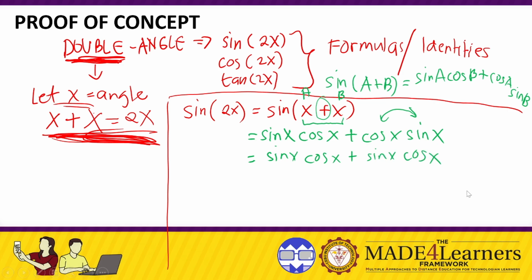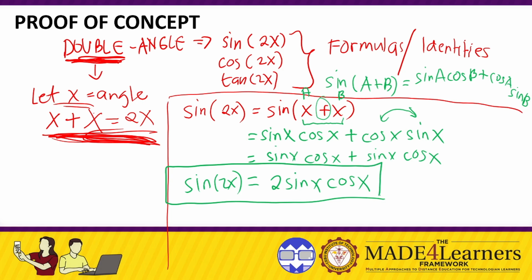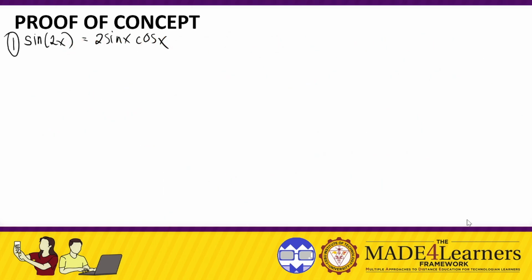The two terms are equivalent, they have the same elements, so they are similar terms and we can add them. Sine x cos x plus sine x cos x is simply 2 sine x cos x, and this is our first double angle identity. So for sine 2x, we have 2 sine x cos x. Now we're done with sine.